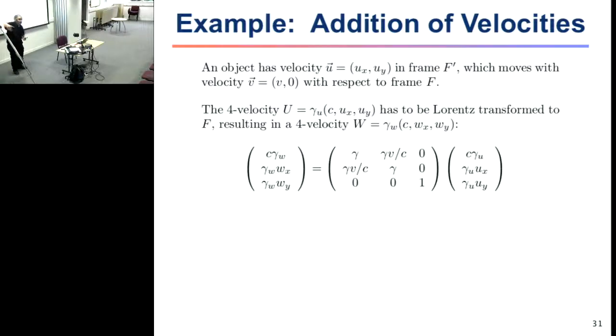How does this relate to this? And clearly, no matter how fast I go, I'm never going to move faster than the speed of light. So what do I have to do? I have to map the velocity u in the F prime frame onto here. So we use the Lorentz transformation matrix here.